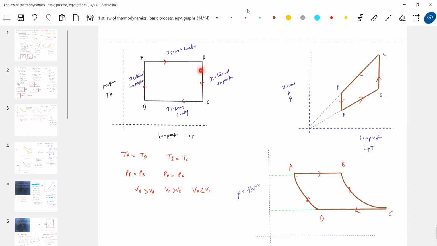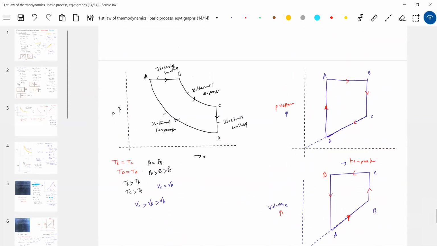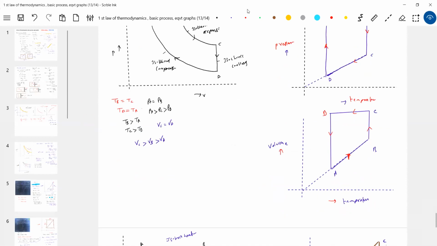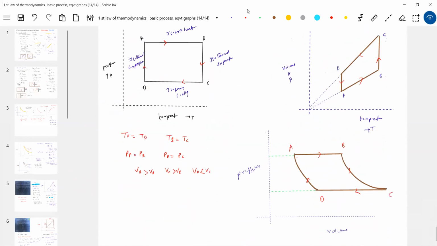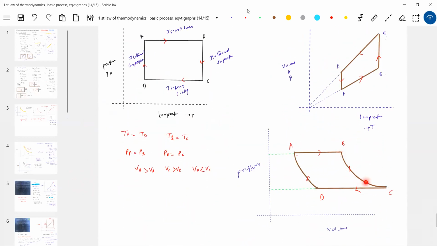Some small information: PT graph, vertical line, isothermal process. PT graph, horizontal line, isobaric. VT graph, horizontal line, isochoric process. Like that, in every graph you identify. If you see a curve in a PV graph, it should be isothermal.